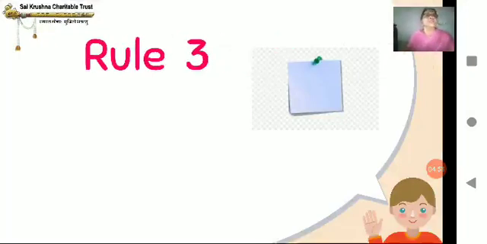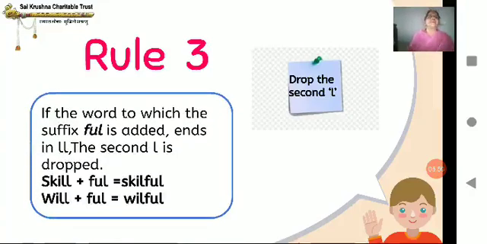Next is Rule 3. Let's see what this has to tell. It says, drop the second L. If the word to which the suffix full is added ends in LL, the second L is dropped. That is, look at the first words, skill, will, till.